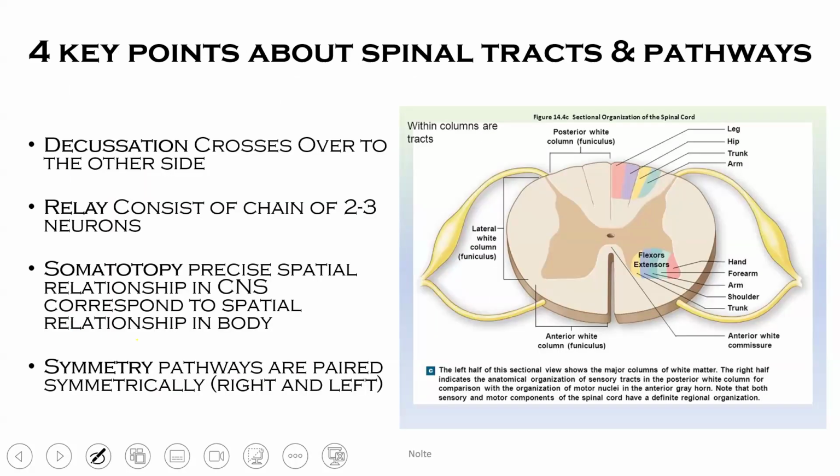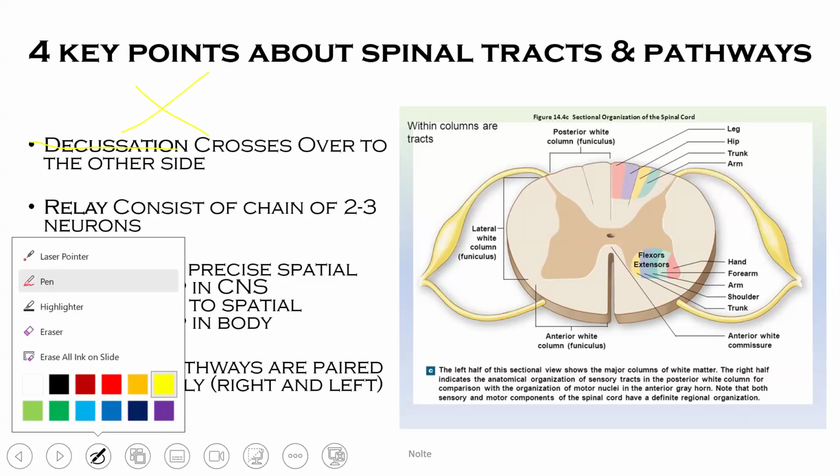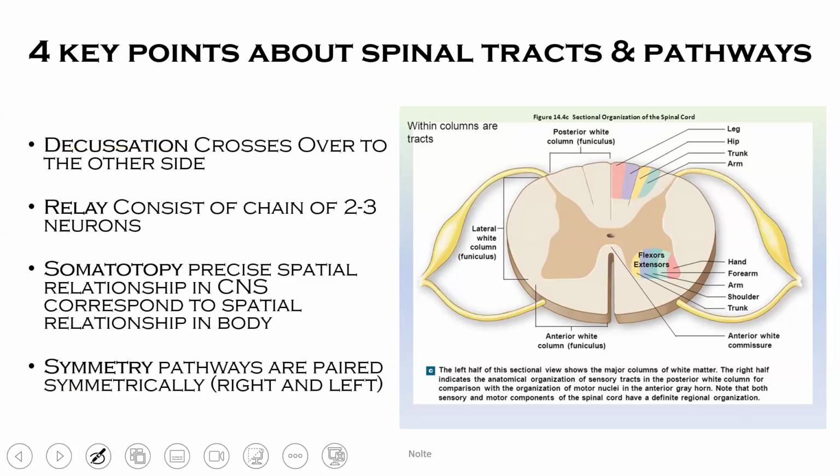So 4 key points about spinal tracts and pathways. This word right here, decussation, means it crosses over. Desiccation means something's dried out. Well, we're going to talk about decussation, or crossing over. So if something comes over here and then crosses over to the other side. We're going to talk about relays consisting of a chain of 2 to 3 neurons, kind of like power cords strung together.